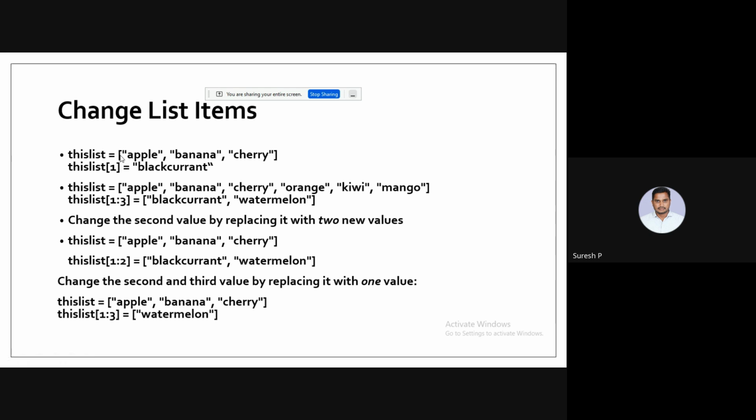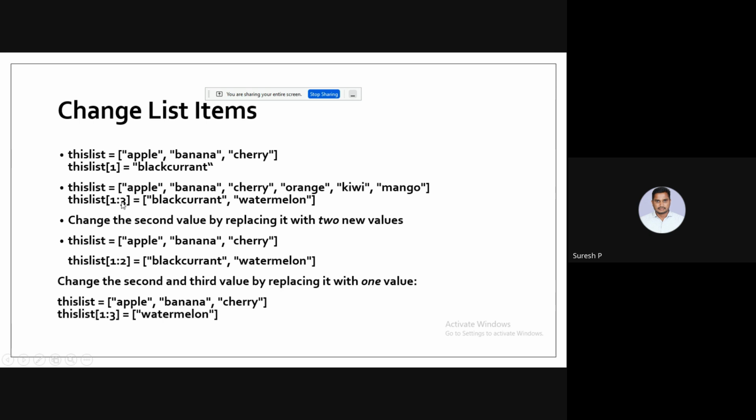So with three elements we are creating a list. After that, the first indexed element will be changed to blackcurrant. Initially it is apple, banana, and cherry. Now the first indexed element is changed to blackcurrant, so banana will be replaced by blackcurrant.